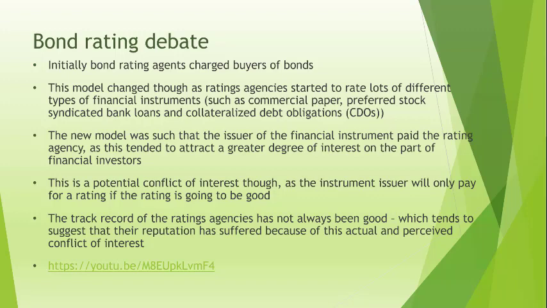That's basically a bunch of debts, loans that have been bundled together. The new model was such that the issuer of the financial instrument paid the rating agency, as this tended to attract a greater degree of interest on the part of the financial investors. And we've already said it's a conflict of interest.